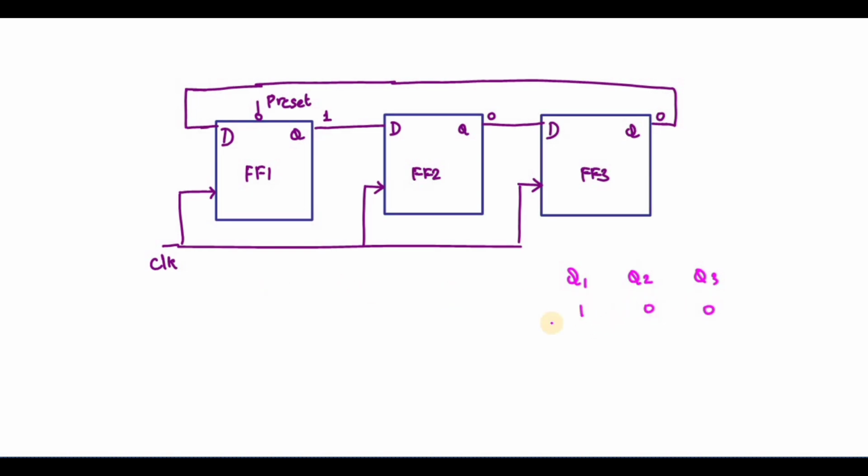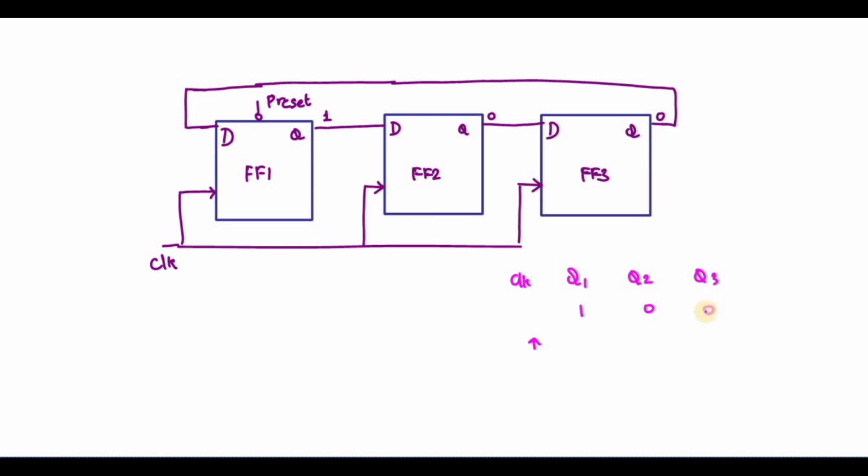Okay, so whenever I apply a clock, the clock may be positive edge triggered. If I give a clock, during the positive edge of the clock, what will happen? The output will move like this, right? The output of the Q3 flip flop will come to the Q1 flip flop, the first flip flop.